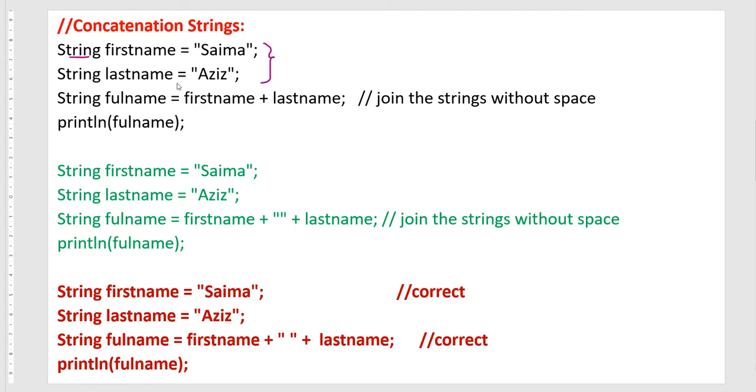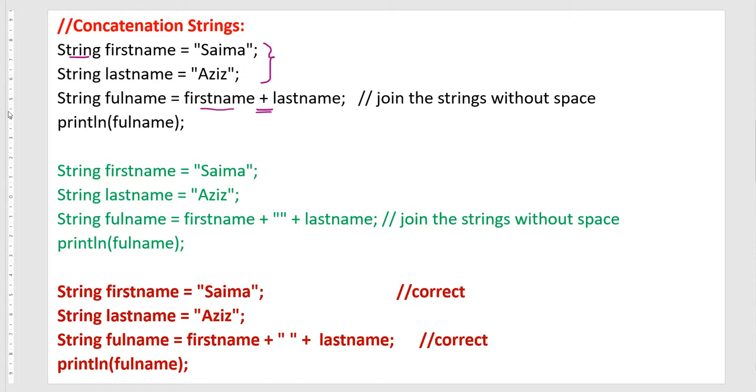So we make another variable, fullName. Again, it is self-commenting, that we are going to join first name and last name, is equal to firstName, and see, you have to write the variable name here. Do not write Saima and Aziz, only write the variable name with the plus sign because we are going to concatenate, we are going to join these.